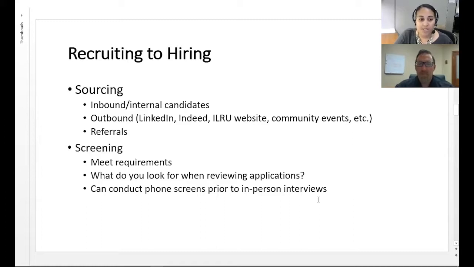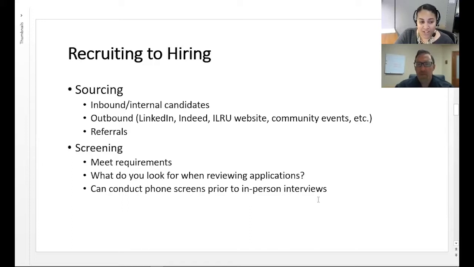So you might post it on LinkedIn or Indeed or on APRIL or ILRU's website. Or you can also find candidates by going out in the community as well. And then another aspect that's commonly used are referrals. So you might know someone who works for you, who knows someone who's looking for a job, or who is potentially looking to get involved with independent living.